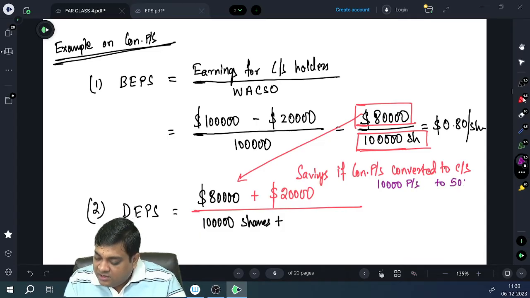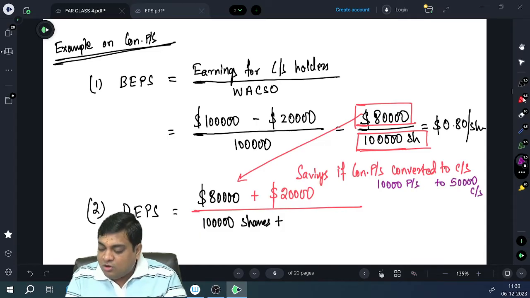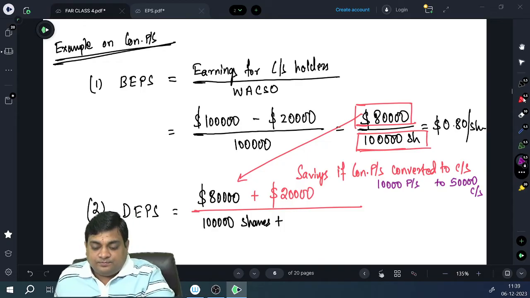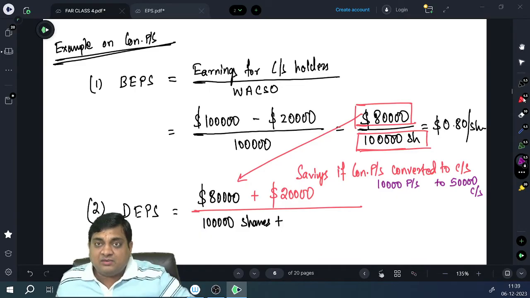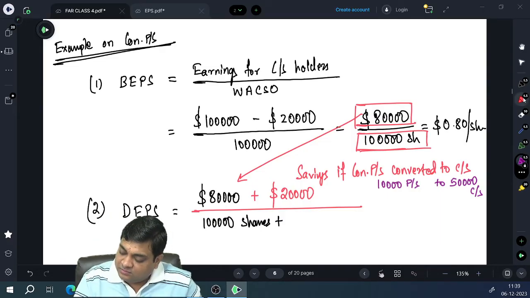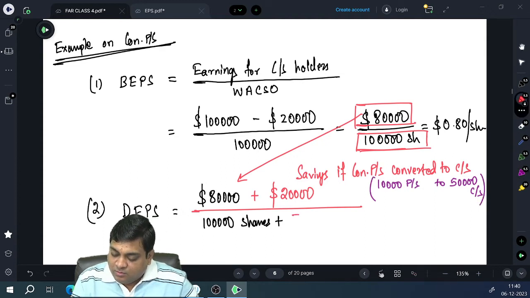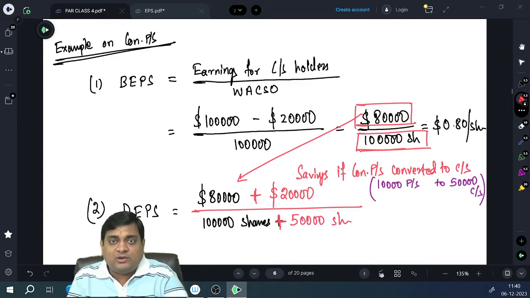It will be converted to 50,000 common stock. Each is converted into 5, so 10,000 will be converted into 50,000. The shares are increased by 50,000 times 12 by 12, because they are not playing with the time.